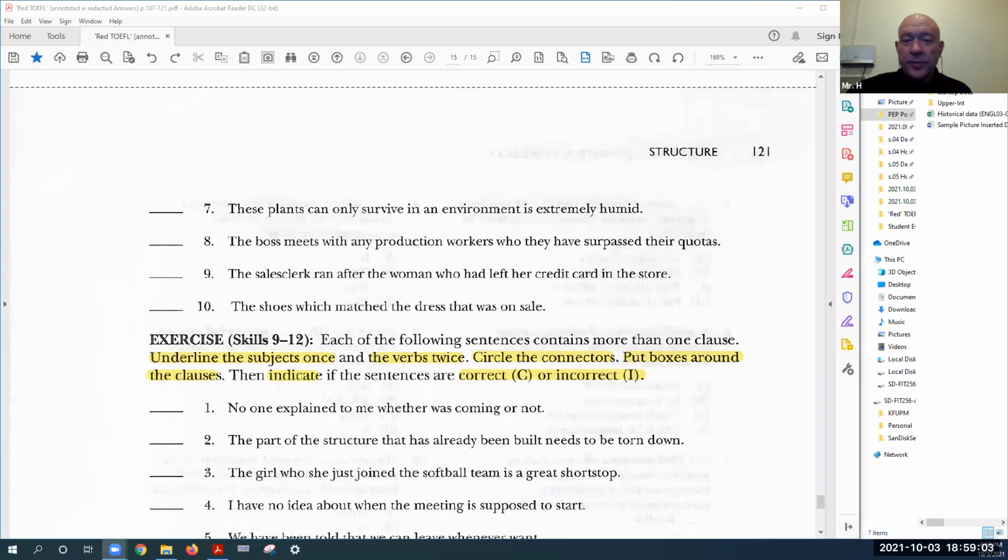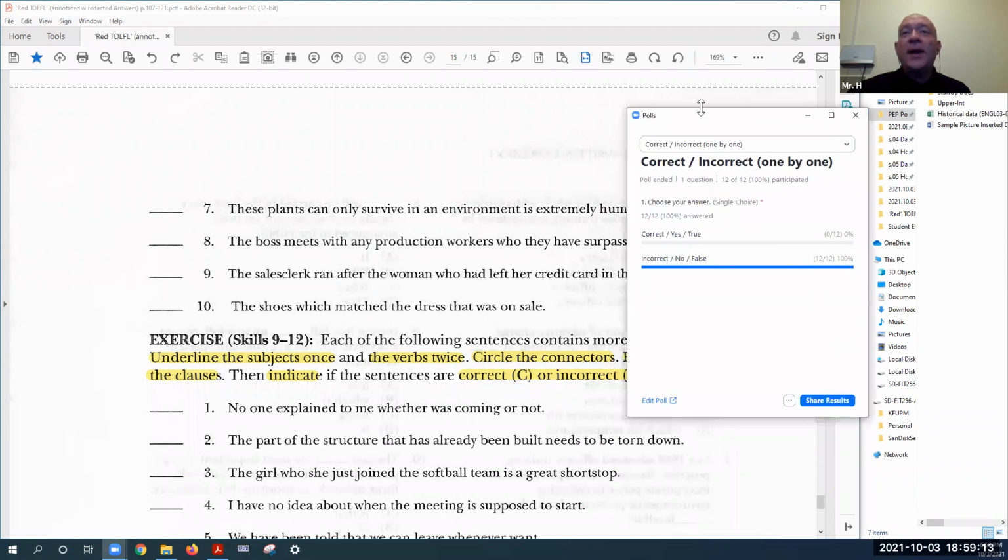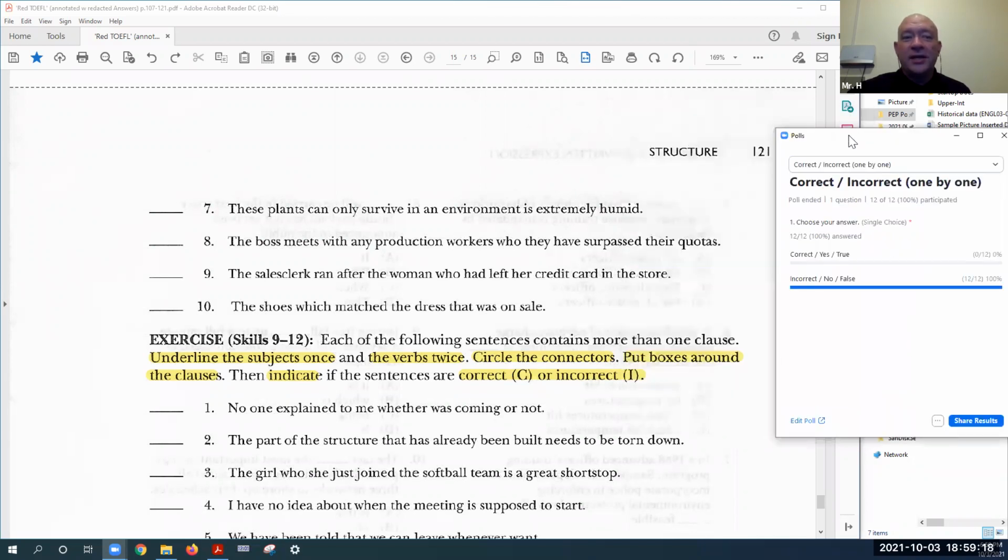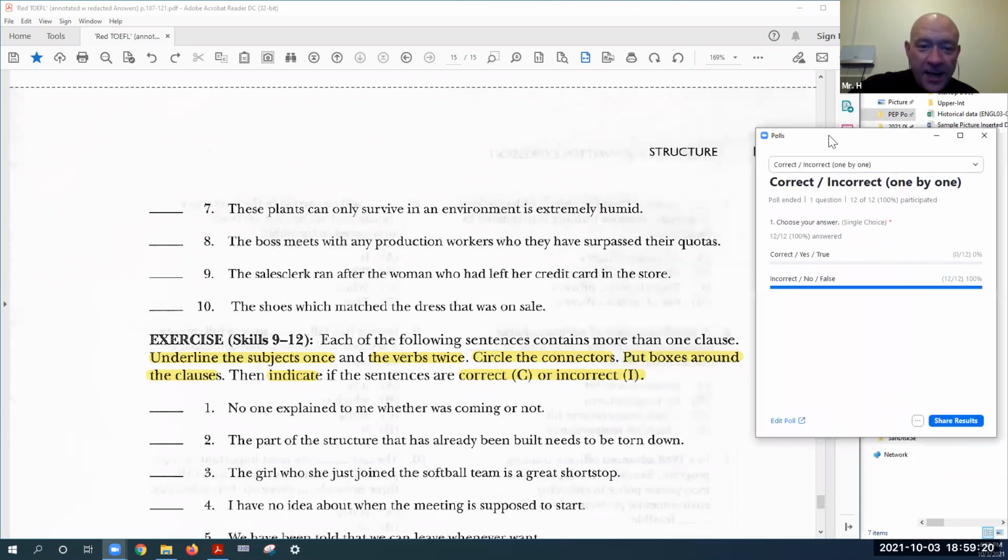Come on. It's 11. One more person. There we go. 12 people. Oh my God. Everybody said the same thing. Everyone said it's incorrect. So let's see. Who hasn't had a chance to explain anything? Osama, go ahead.